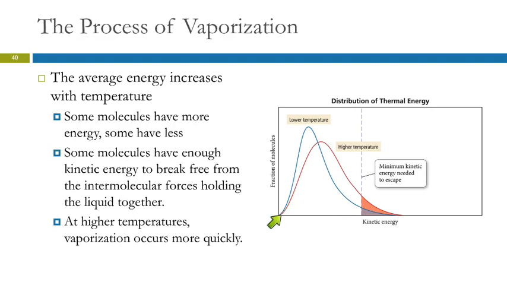There are some particles that have very small energy, and there are others that have very large energy. We look at this line here being the minimum kinetic energy that's needed to escape from the liquid. So even at a low temperature, some of the molecules have enough energy to escape. But if we increase the temperature, then more of them have enough energy to escape. So at higher temperatures, vaporization occurs more quickly.